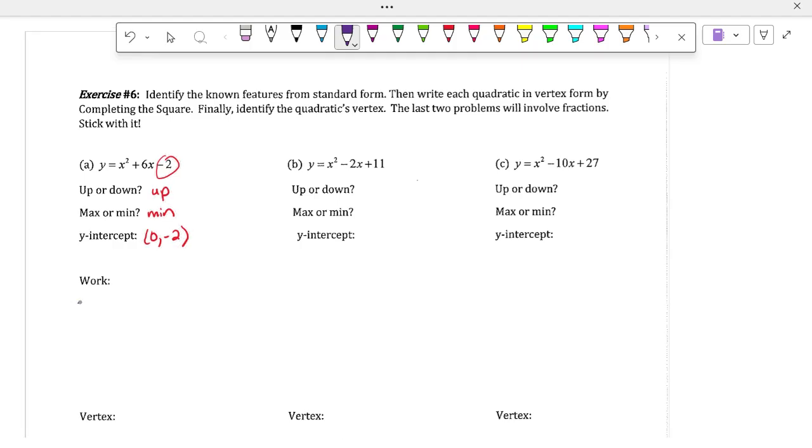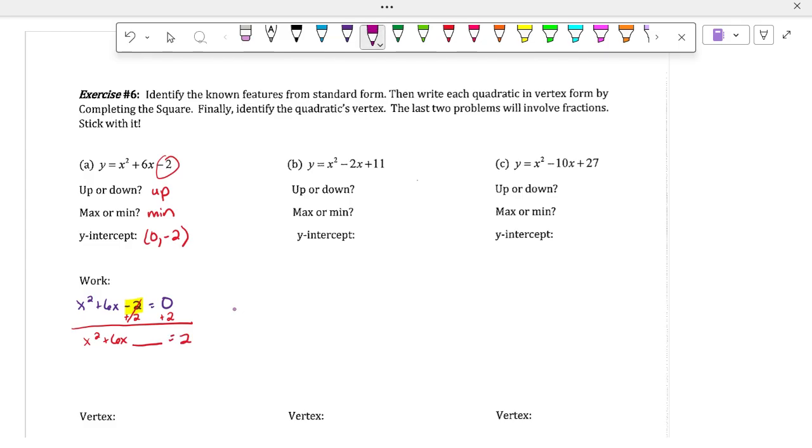So I'm going to first set my equation equal to 0. I am then going to move my constant, or my current c value, over to the other side by inverse operation. So I'm going to add it. So I get x squared plus 6x, and I'm going to leave myself a space just so I know something has to go in that space, is equal to 2.